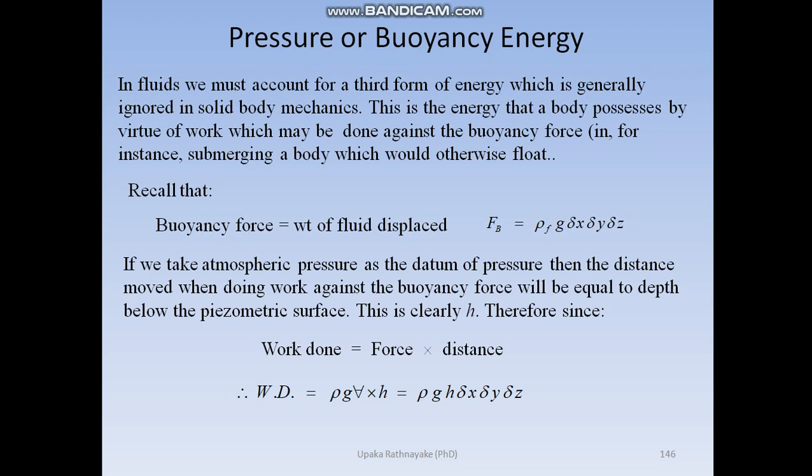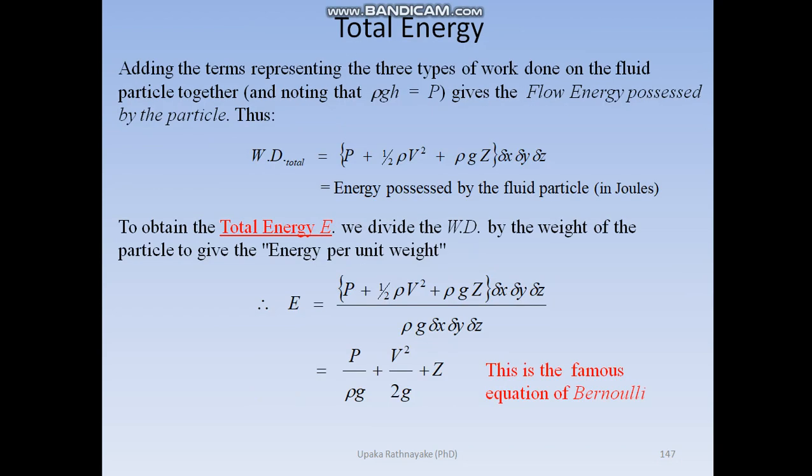Now, let us sum up these energy terms and call the energy the total energy. Now, total energy is equal to potential energy plus kinetic energy plus pressure energy. Let us play slightly with the mathematics and obtain the total energy per unit weight.